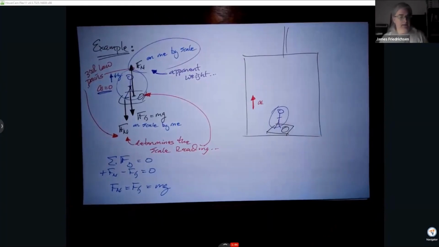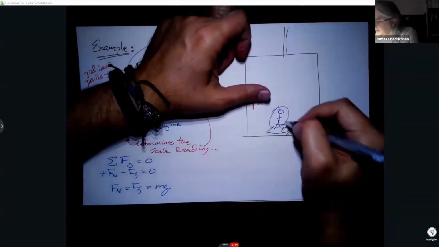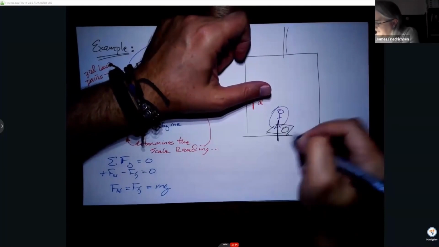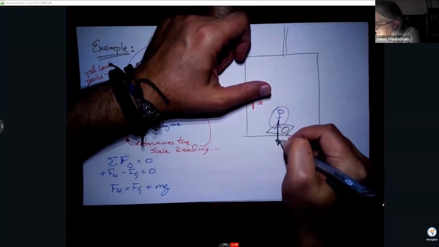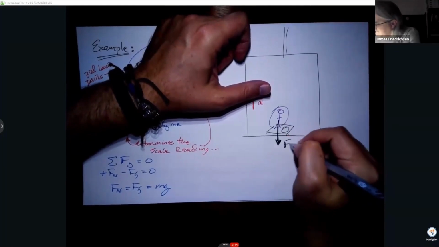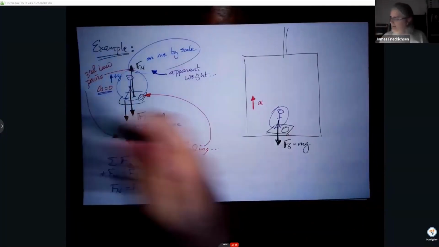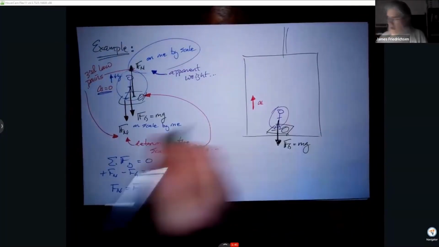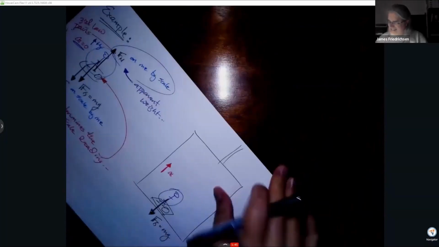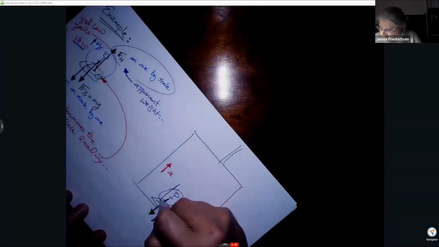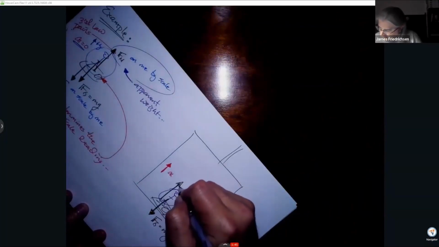When I analyze the forces acting on me, there's gravity, which goes towards the center of the Earth, my mass times g. Due to the contact between my feet and the scale, there will be a normal force up on me by the scale, which is my apparent weight.